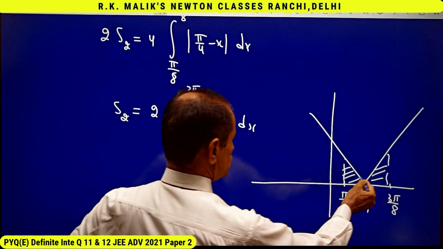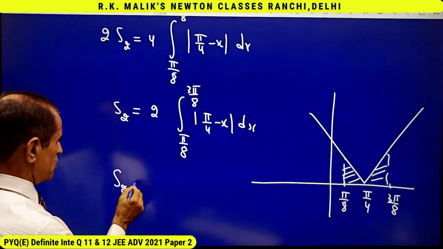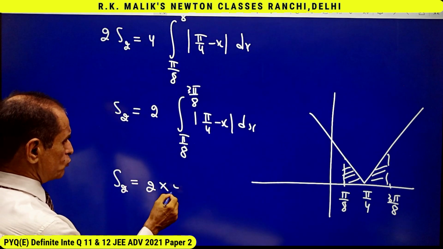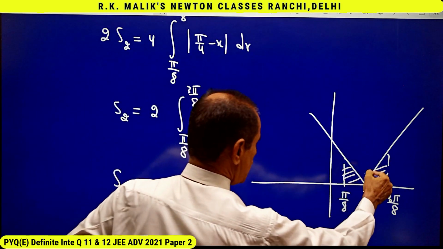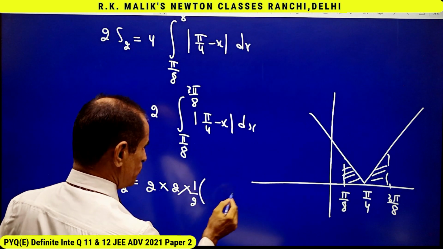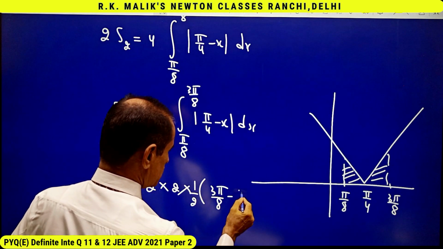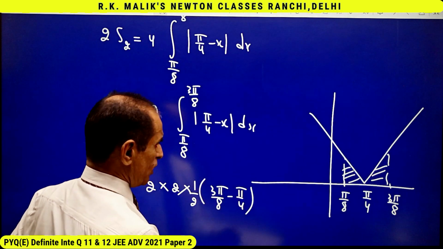And because these two areas are equal, I can say 2 into 2 into, now this area is 1 by 2 into base. Base is 3 pi by 8 minus pi by 4, into height.